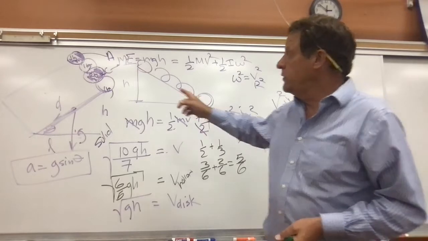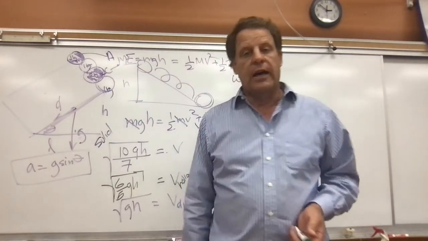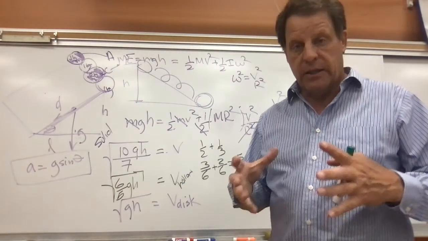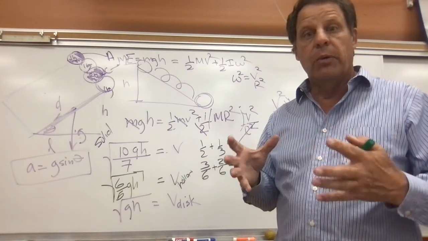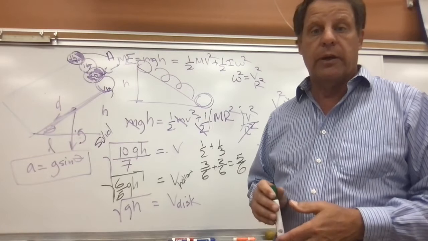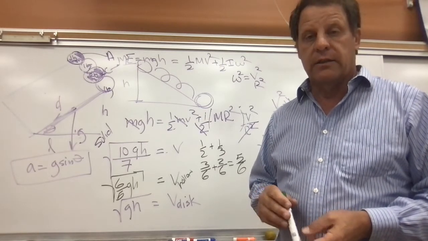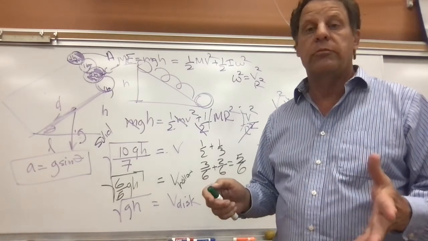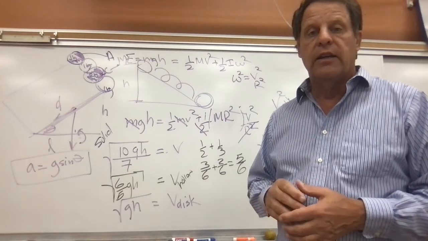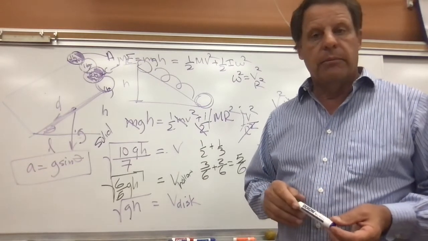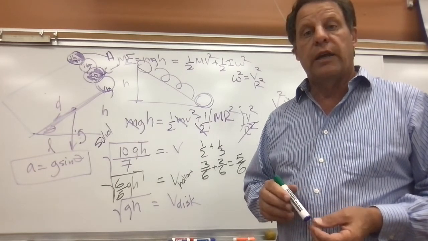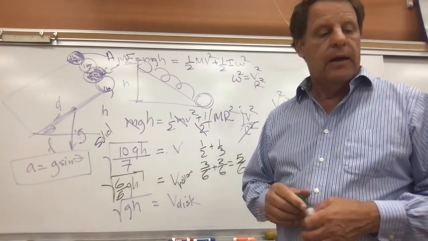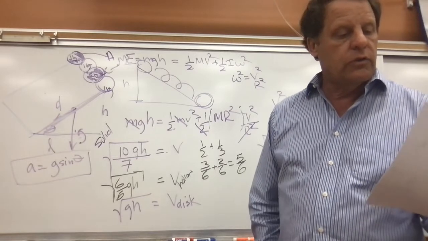So the reason that it is not going to be the fastest is because it has more moment of inertia to make it go down the ramp. It's kind of like pushing a heavier object. It is going to take more energy to push the heavier object.